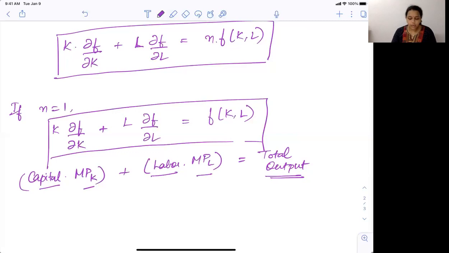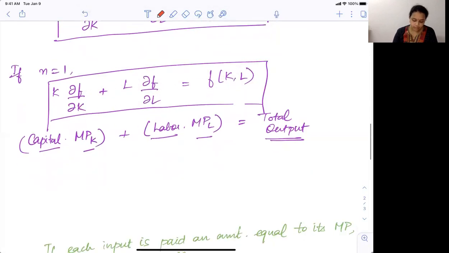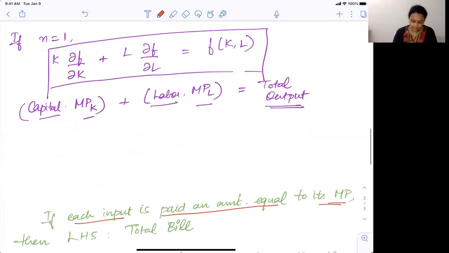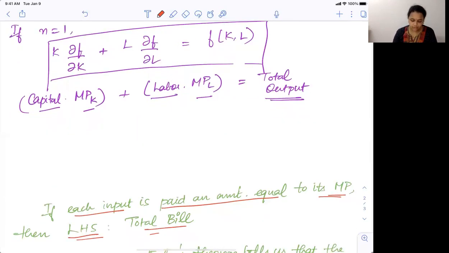So that is what I'm saying when I say you value the inputs at their marginal product. Then what happens to the left-hand side here? If each input is paid an amount equal to its marginal product, then the left-hand side is actually just going to be your total bill, right?